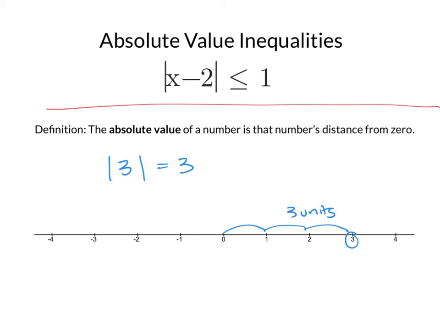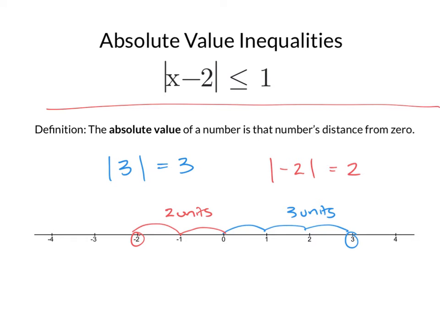Okay, cool. The absolute value of negative 2, however, is 2 because negative 2 is 2 units from 0. Even though it's in the negative direction, it's still 2 full units because I'd have to walk 2 full steps to get back up to 0.